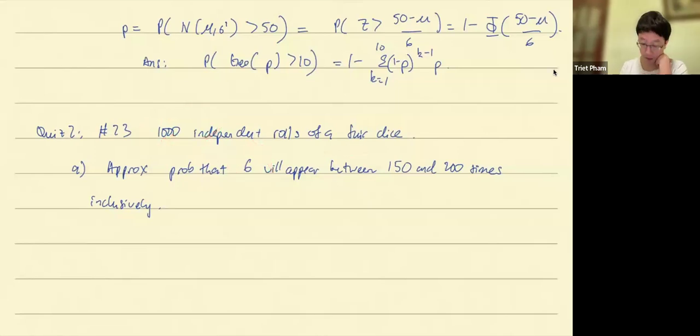So it's 1/6. So you let X be binomial, 1,000, 1/6.